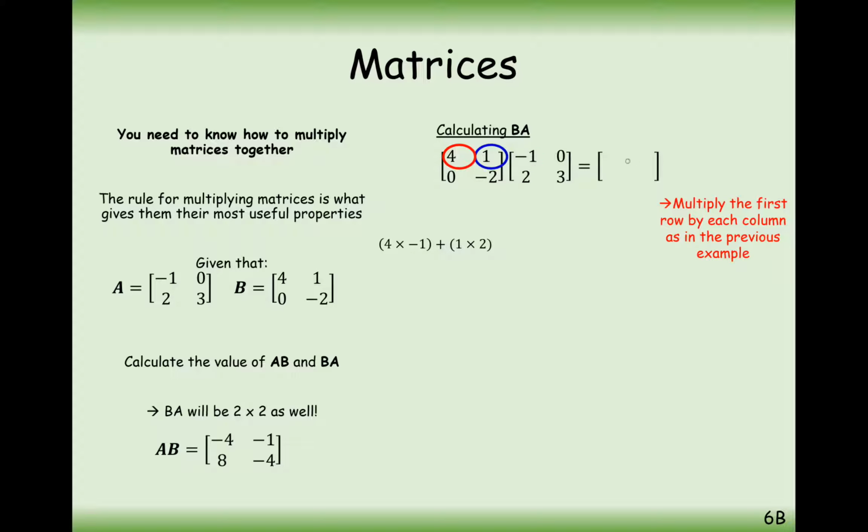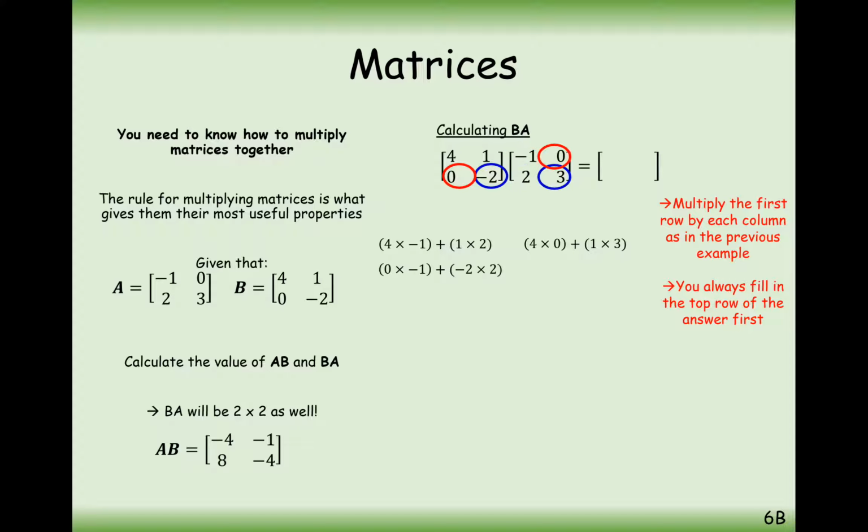Looking at the top right, we're looking for the top row on the first one, the right-hand column on the second one, so 4 times 0, and then moving across and down, 1 times 3 in the second calculation. Looking at the bottom left-hand one now, we want the bottom row on the first matrix and the left-hand column on the second matrix, so it's 0 times -1 and -2 times 2, going across and down.